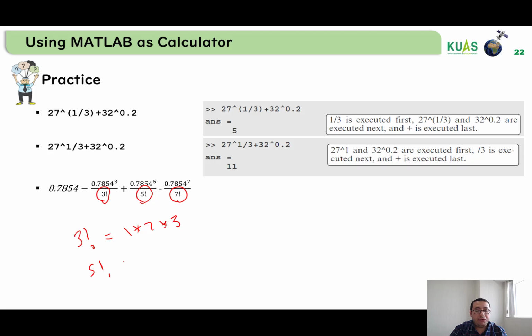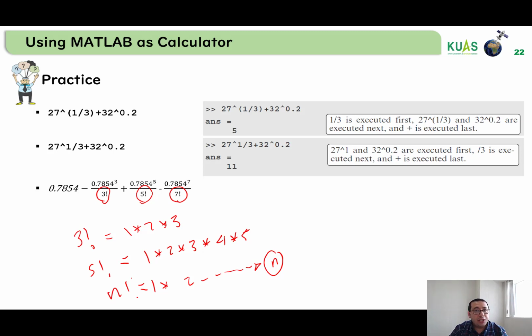And 5 factorial means 1 multiplied by 2 multiplied by 3 multiplied by 4 multiplied by 5. Similarly, 7 factorial is the same. It is 1 multiplied by 2, increasing until we reach the number n. If I have n factorial, it is 1 multiplied by 2, 3, 4, 5, 6, until we reach the number n.